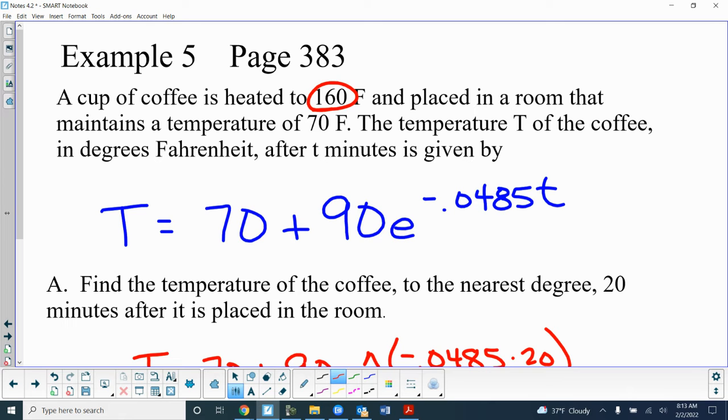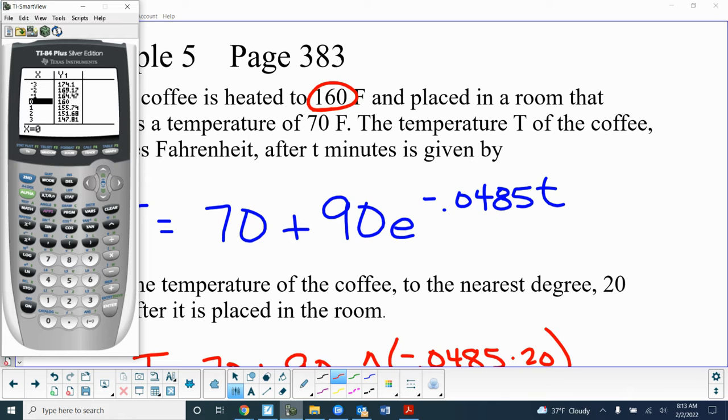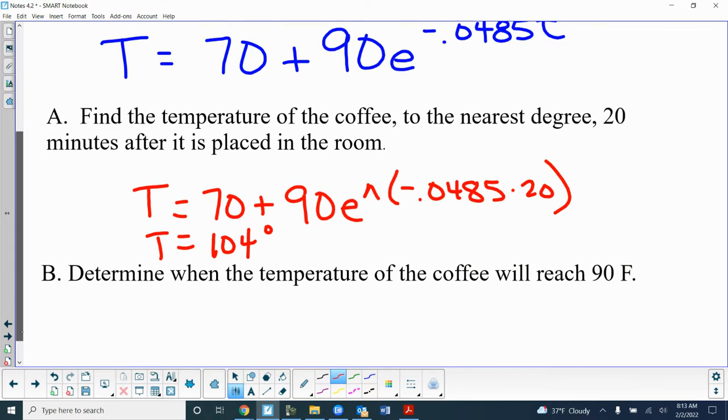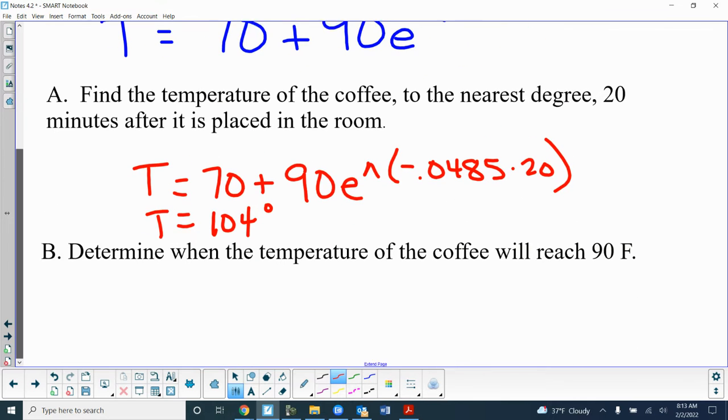So when you go to your table, all right, you're looking at the y's. This is the y answer here, your temperature answer. So you're going to go down through this until you see, what were we looking for again? What degree? 90, yeah. So I'm gonna go down and look for 90.